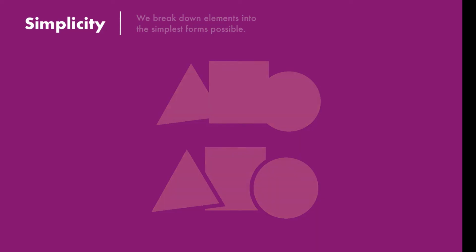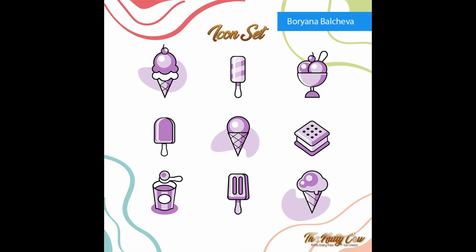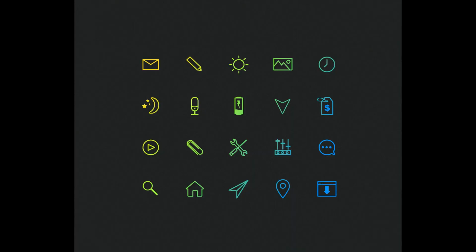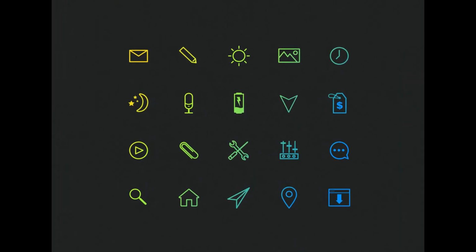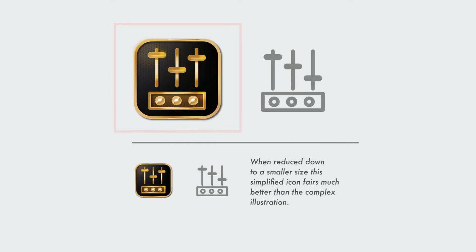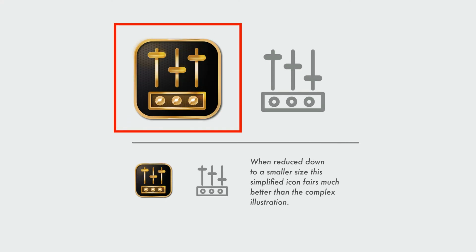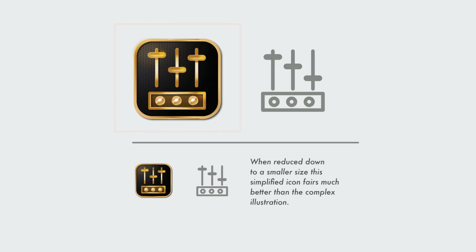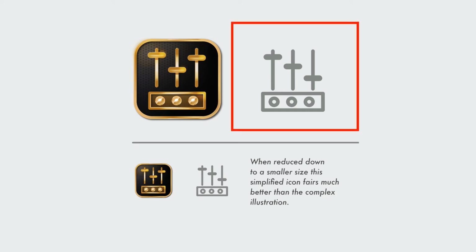We see the principle of simplicity applied to icon design all the time. Icons need to be seen in very small sizes. If we were to have a detailed illustration for a small icon, it would not always be easy to tell what it was. We instead simplify illustrations down to icons that could be identified in many different sizes.